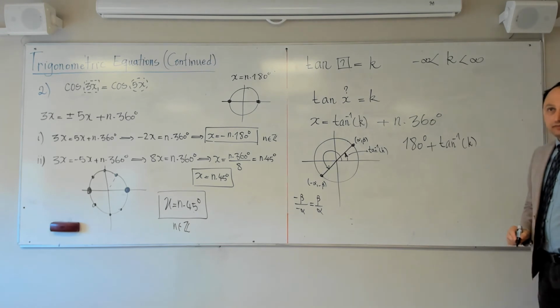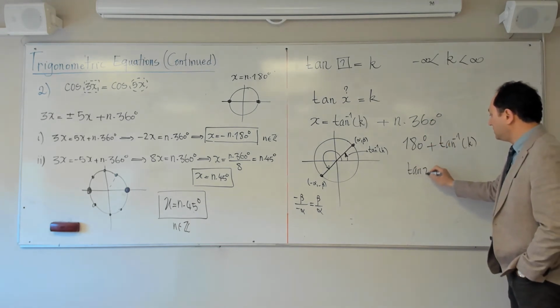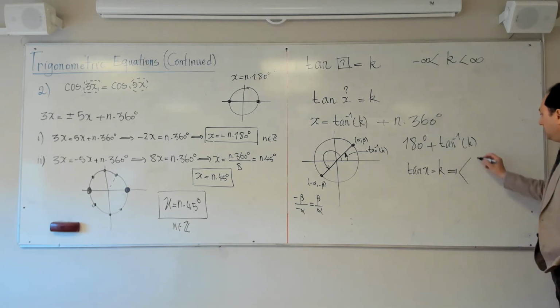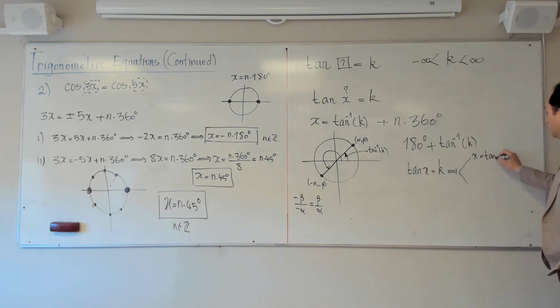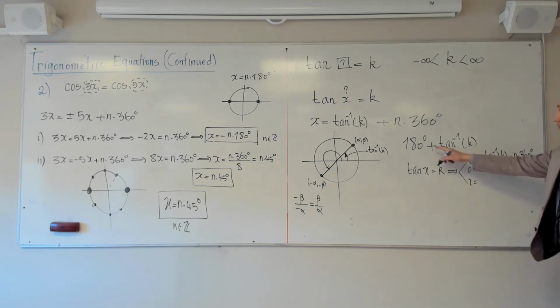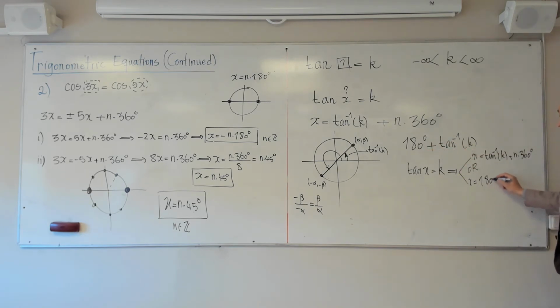Yes? But again, the same story. So let me just make it short. If I give you tangent of x equals k, then there are two possibilities. Either x is tangent inverse of k plus n times 360 degrees, or x is equal to, do you remember for sine it was 180 minus, but for tangent it becomes 180 plus tangent inverse of k plus n times 360 degrees.